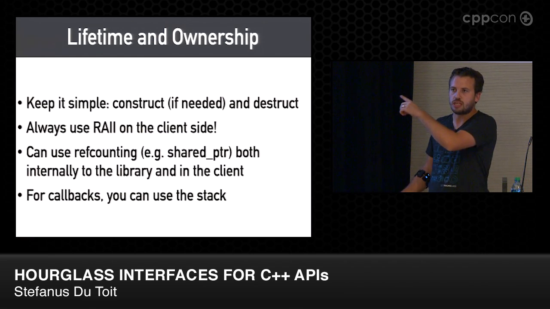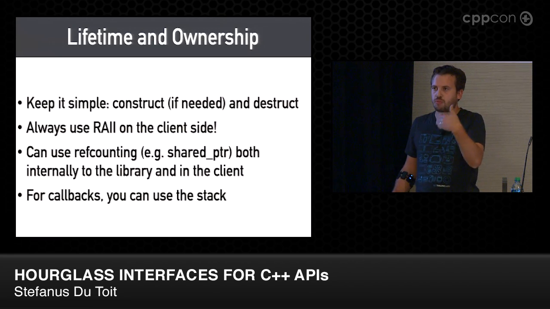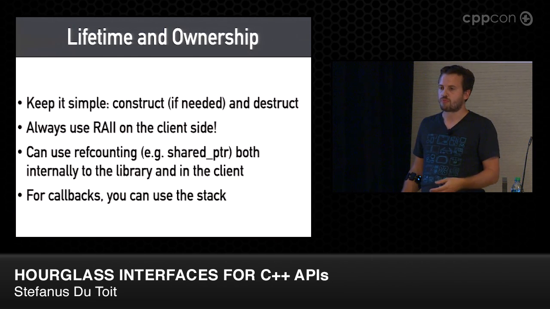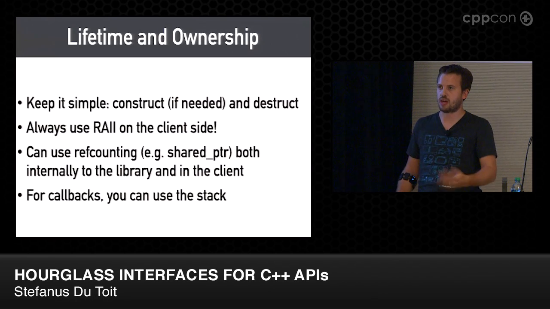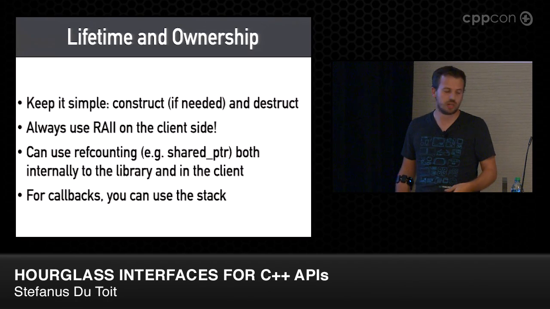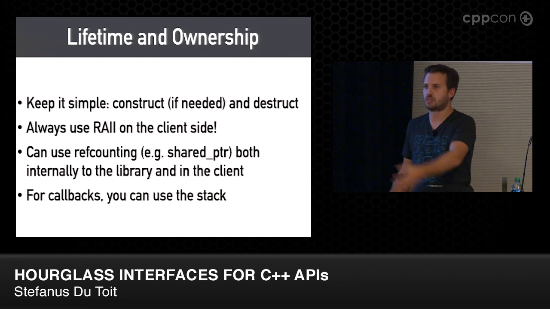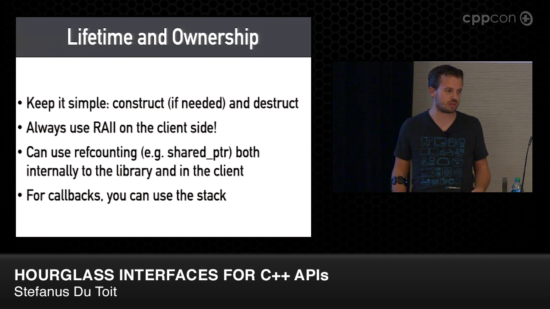But if you do this, you can just treat that one owner, that one construct and destruct, as essentially a reference count increment and decrement. Internally, you might have a shared pointer, for example, that you're decrementing or getting rid of when it's doing destruct. And so if the library needs to internally keep some object alive for whatever reason, it can still continue to do so.